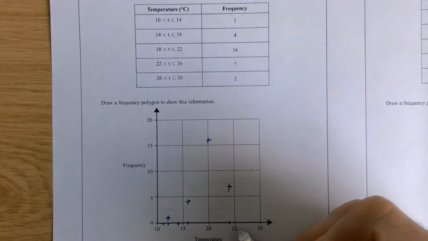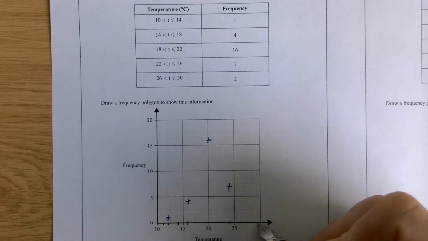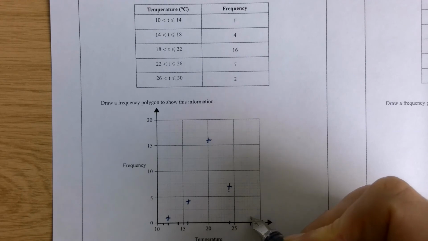And 26 to 30, halfway of that is 28, so it's 4 divisions back to get to 28, and that's going with 2.